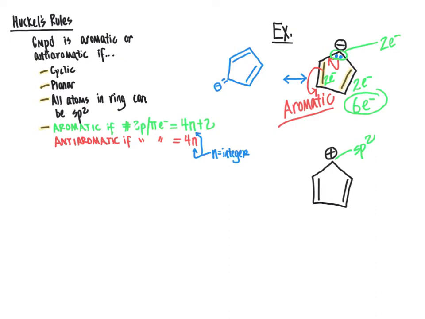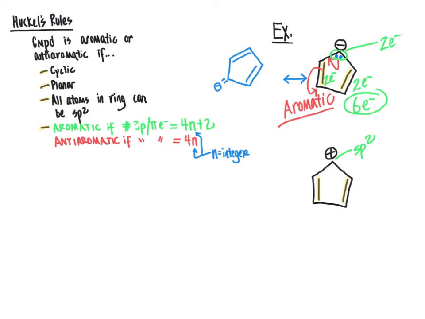And then looking at whether the structure is aromatic or anti-aromatic, counting the number of 2p electrons, we have a pair of electrons right here, a pair of electrons right here. Those pi bonds are always going to count. And then at our carbon up here, we have no lone pairs and no pi bonds, so there's nothing to count there. So even though it's an sp2 carbon, it's not contributing anything toward this count. So we just leave that as 0. There will be no electrons to count in the 2p orbital there.